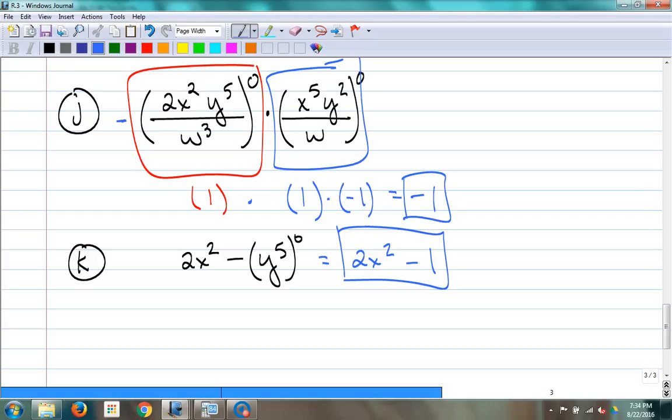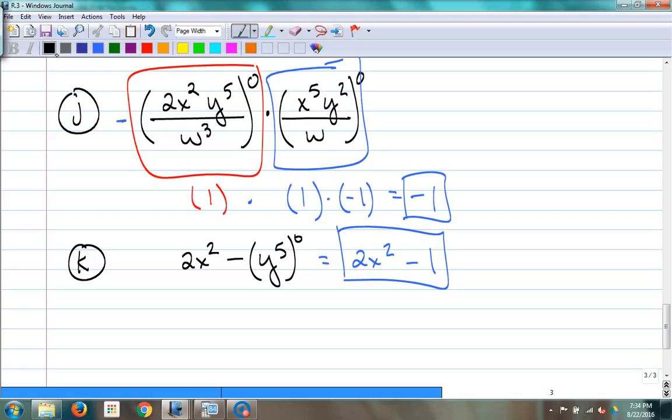This example K leads into the next part of this section, which is taking polynomials and actually starting to do some stuff with them, look at the properties of them, and maybe talk about simplifying them a little bit, adding, subtracting some polynomials, which is a little bit more like this. There's probably not going to be as much evaluation of exponents involved in that, but there might be some that comes up.